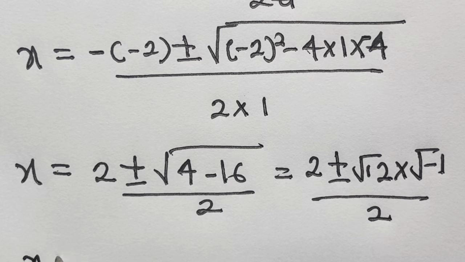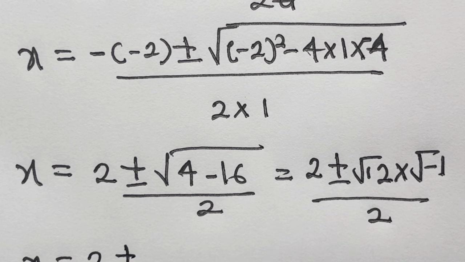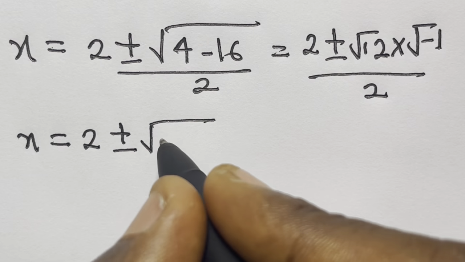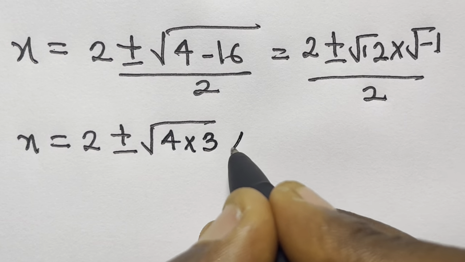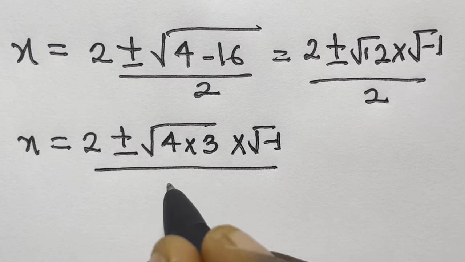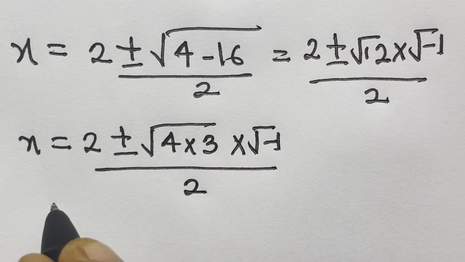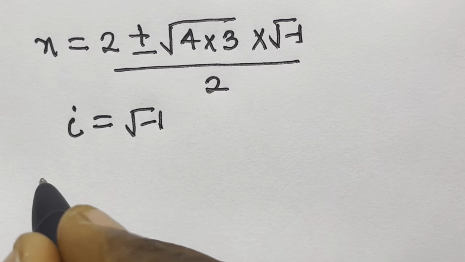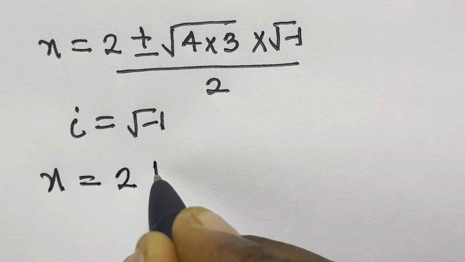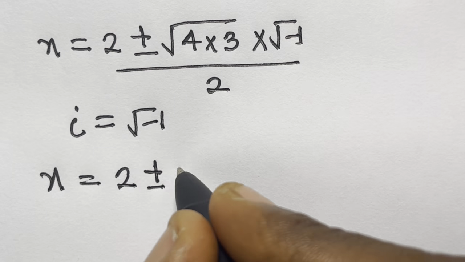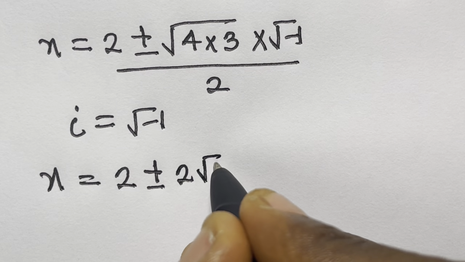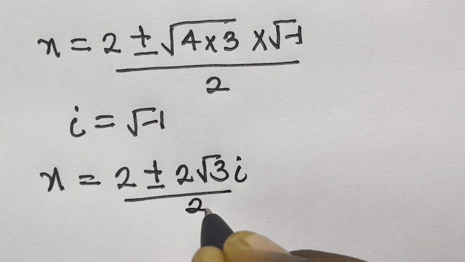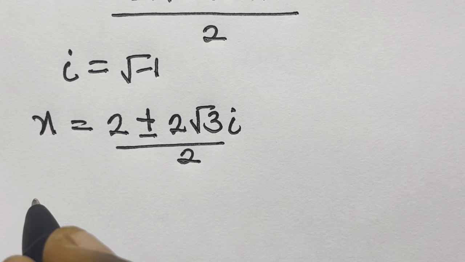So we have x equals 2 plus or minus square root of, we can express 12 as the product of 4 and 3, times square root of minus 1, divided by 2. So where our iota equals square root of minus 1. So we will have our x equal to 2 plus or minus square root of 4, which will be 2. So we have 2 root 3. Then our square root of minus 1 is i, divided by 2.